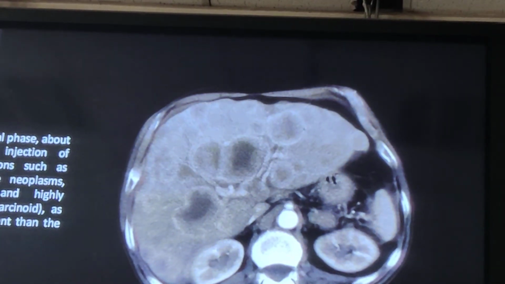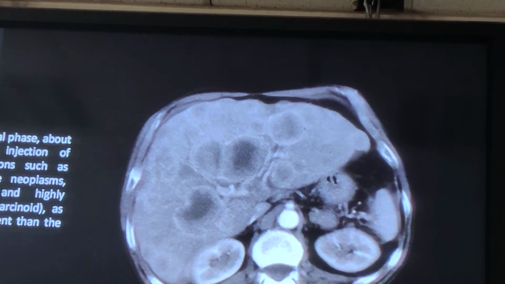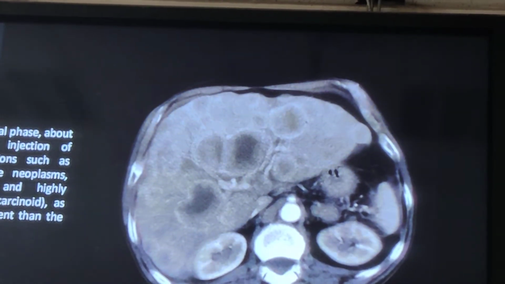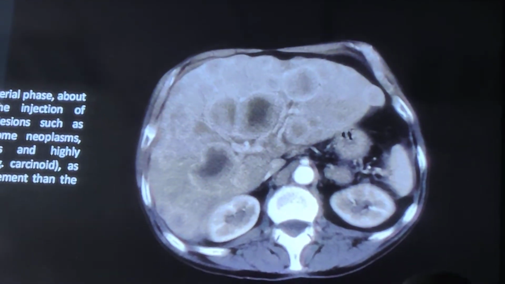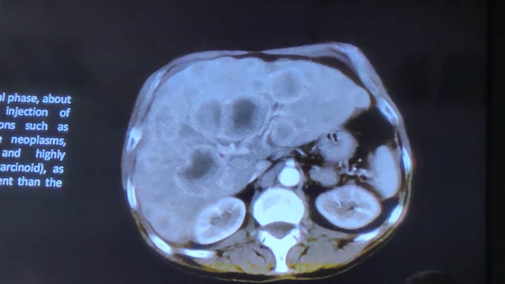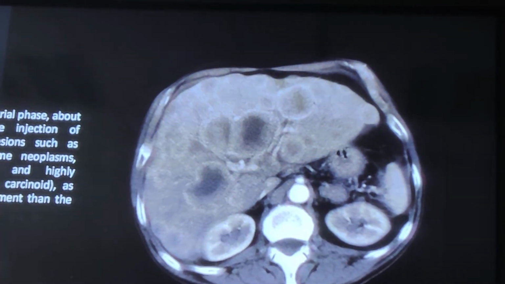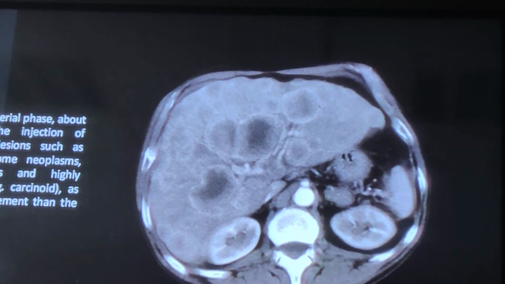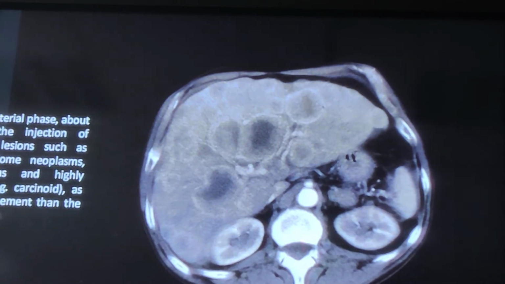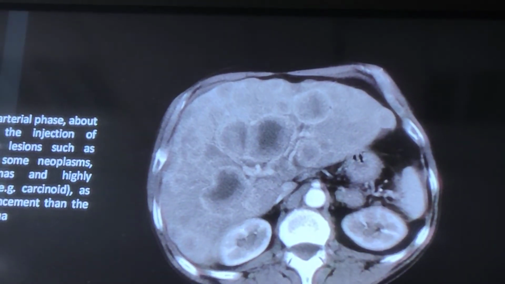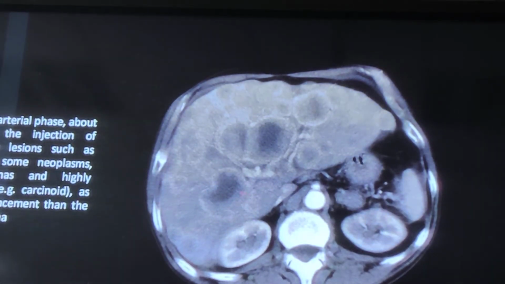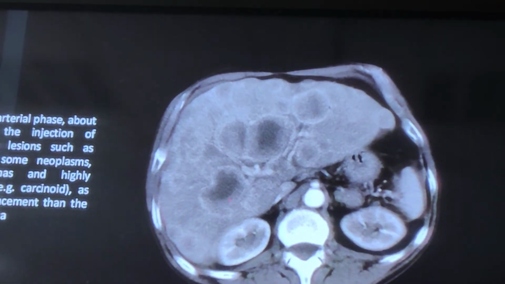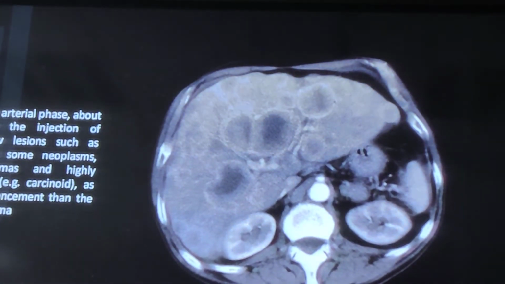Okay. الارتريال تقريبا 30 seconds يبدي عندك الارتريال. هنا arterial phase CT scan, we give the contrast and after 30 seconds we take the imaging, show the lesions as a hemangioma, okay? Some neoplasms, particularly hepatoma and highly vascular metastasis like the carcinoid, okay?